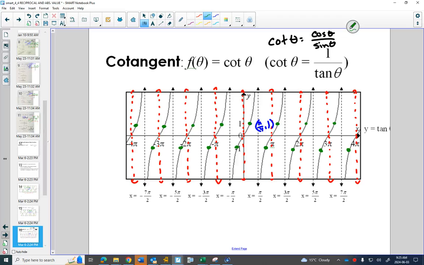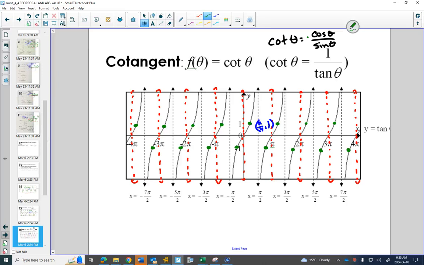Here's the other difference between cotangent being thought of as cos theta over sine theta and cotangent being thought of as 1 over tan theta. When you have 1 over tan theta, there would be no x-intercepts. When you have cos theta over sine theta, you could have the top equal to 0, right? Think of your cos graph. Is your cos graph ever equal to 0? Yes. Where is it equal to 0?